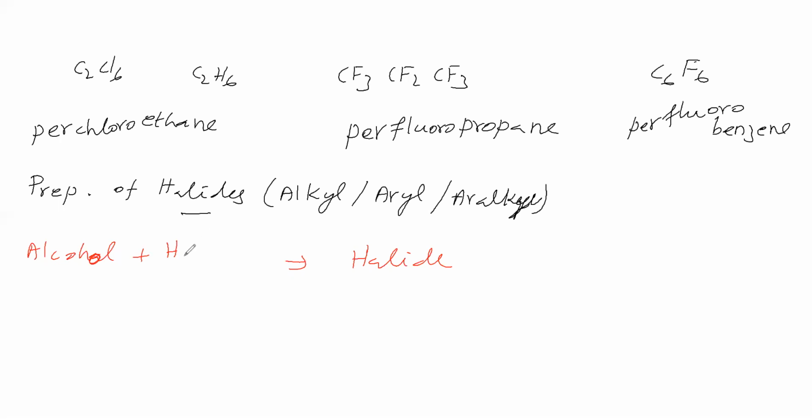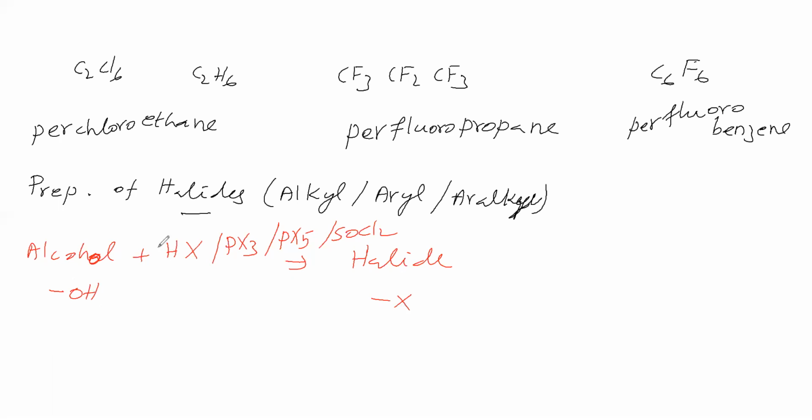We can use halogen acid, HCl, HBr, HI, or phosphorus trihalide, PCl3, PBr3. Phosphorus pentahalide, PCl5, phosphorus pentachloride, or SOCl2, thionyl chloride, can also be used. If you use these, the alcoholic OH group is converted into halogen. Let us see one example.